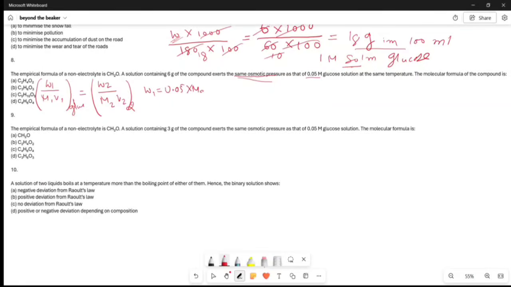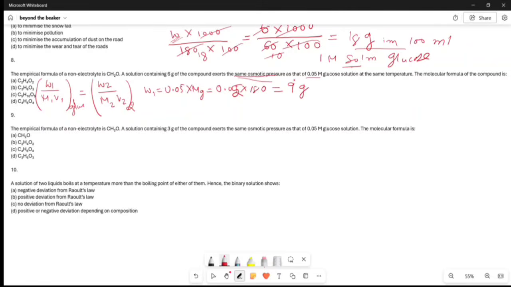What is the molar mass of the glucose? 180. Here, 0.05 multiplied by 180. That is molar mass multiplied by molarity. It gives its weight. So you get 9 gram.